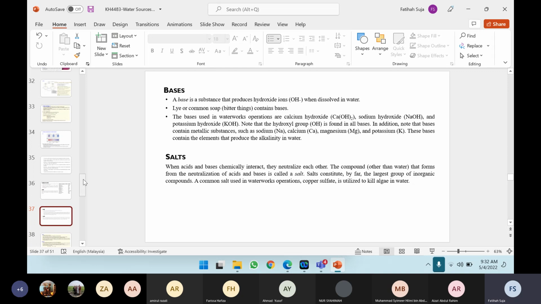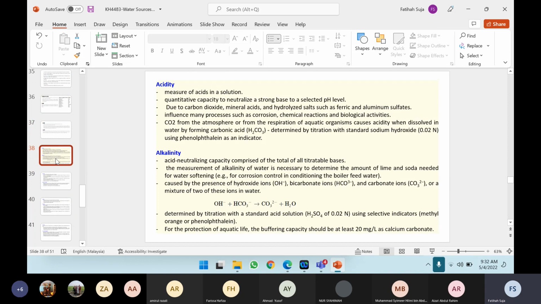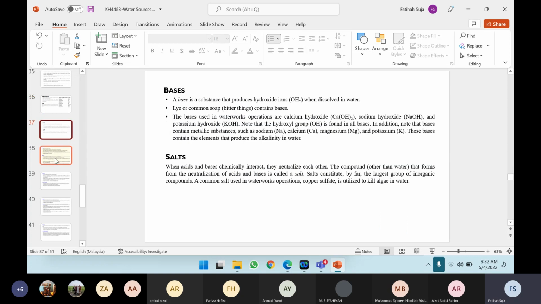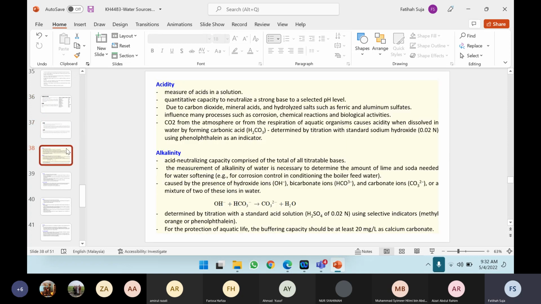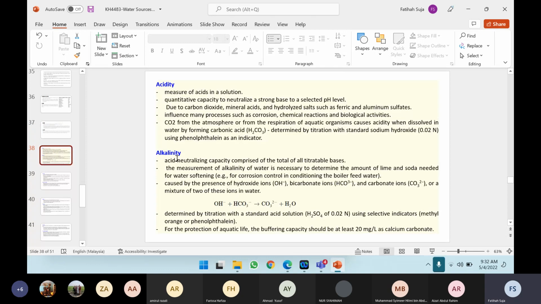Okay, these are parameters that you need to know in your water source. Acidity, I think it's already here. Yeah, acidity, and for bases, well, it is alkalinity actually.